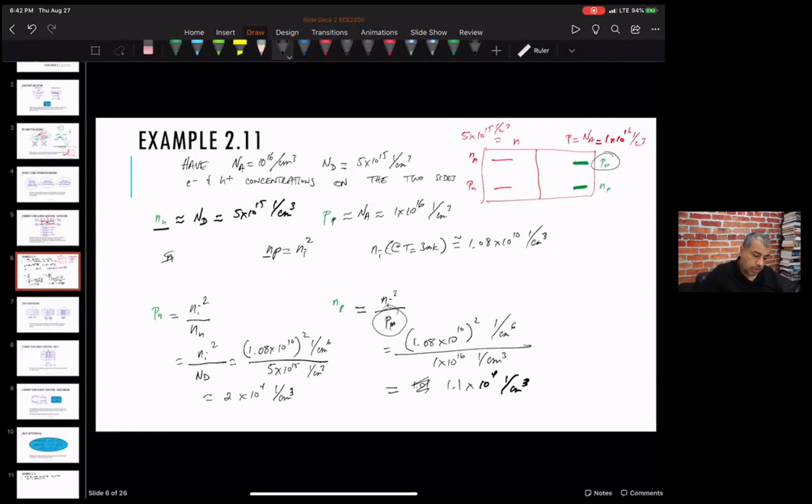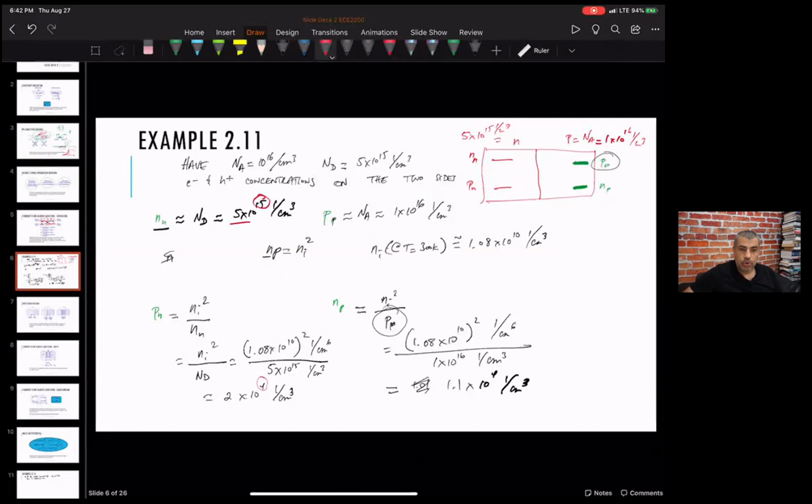Now the interesting thing I like about the example is it gives you some actual numbers. So look at the n side. On the n side, the electron concentration is in the 10 to the 15th range, 5 times 10 to the 15th, and the hole carrier concentration is in the 10 to the 4th.